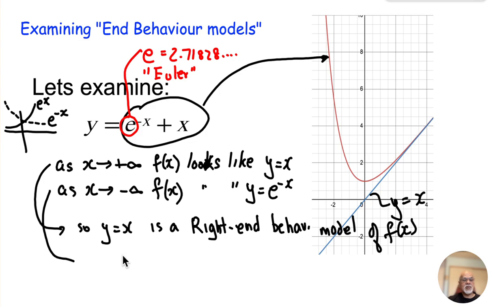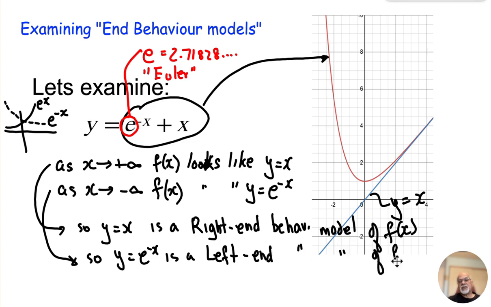And this statement, as x goes to negative infinity, says that y equals e to the minus x is a left end behavior model of f of x. Okay, we're just talking about what function it behaves like as x goes to infinity or negative infinity.